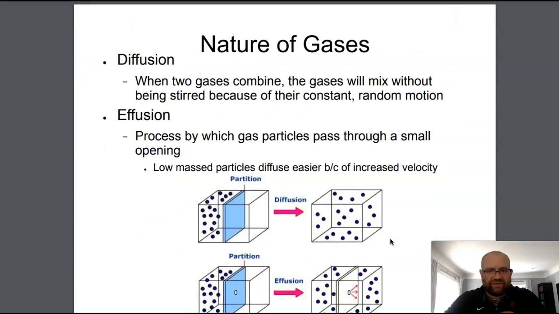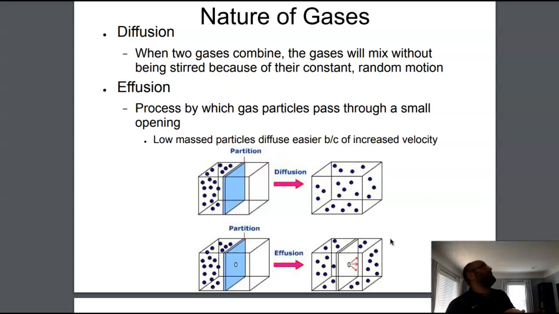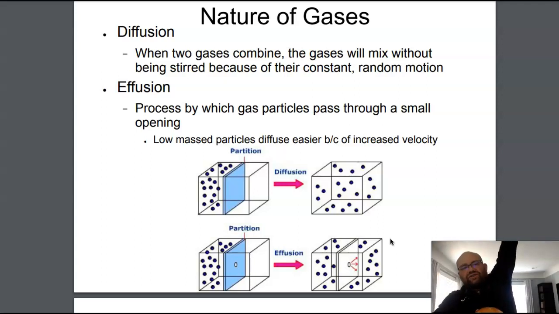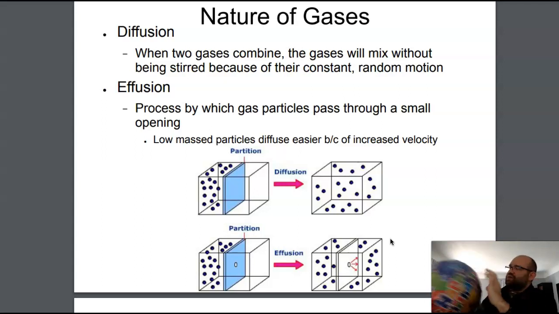Then we have diffusion and effusion. So when gases combine, the gases will mix without being stirred because they are in constant random motion. And then effusion, that's the process by which a gas particle will pass through a small opening. So with this mylar balloon here, there's some very small openings that we can't really see without the use of a special microscope.